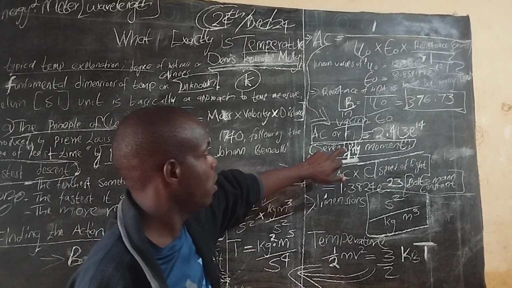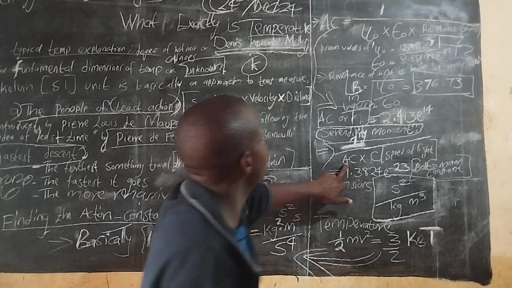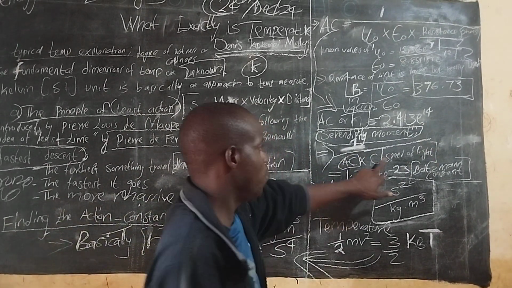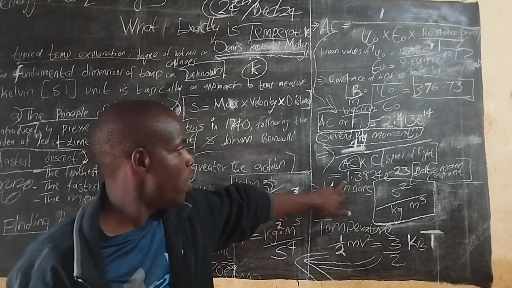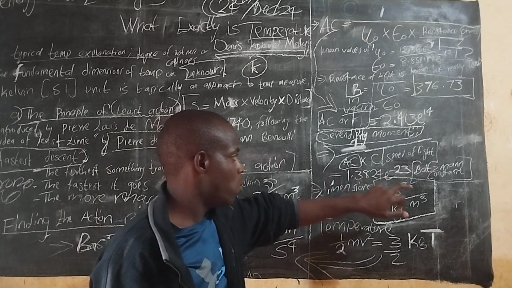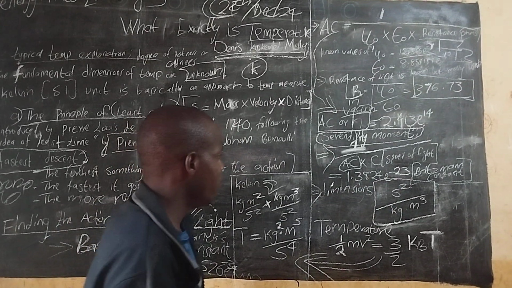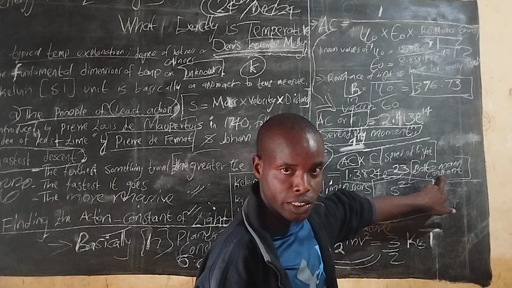This is where a moment of serendipity occurred during my analysis. If you take 1, the inverse of the action constant of light, which is this value, multiplied by the speed of light, it gives you 1.3824 to the power of negative 23. Any physicist knows that this value is equal to the Boltzmann constant.